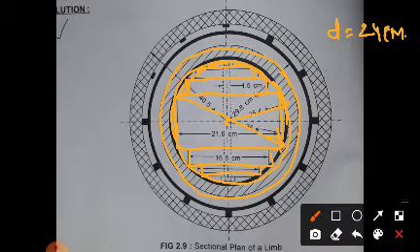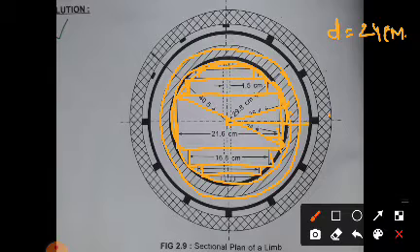Next, the internal diameter of the HT winding is given. LT is over. Between this LT and this HT, the insulation is provided for cooling purposes. Now the HT winding: what is the internal diameter? 35.9 from this to this one.